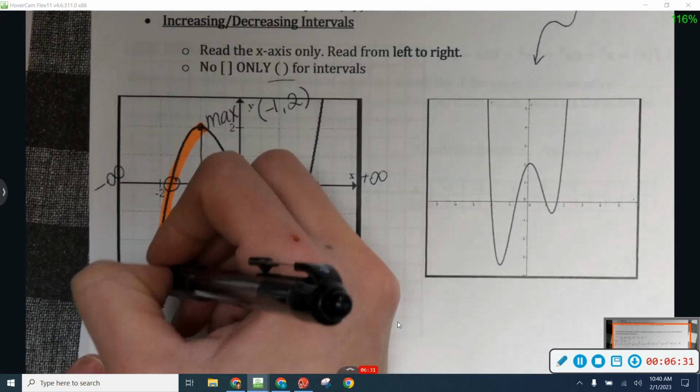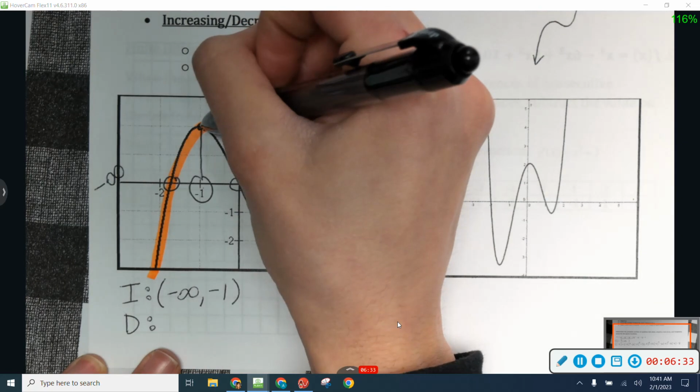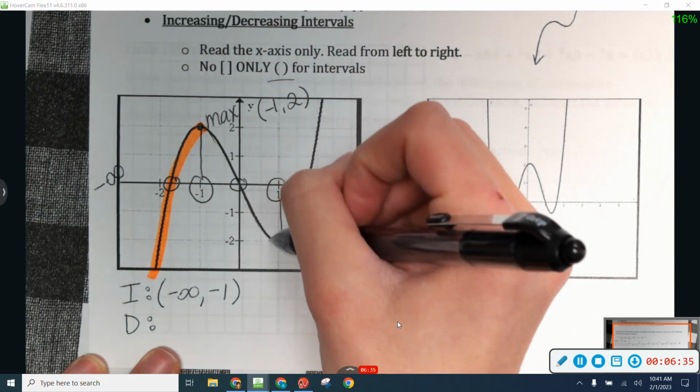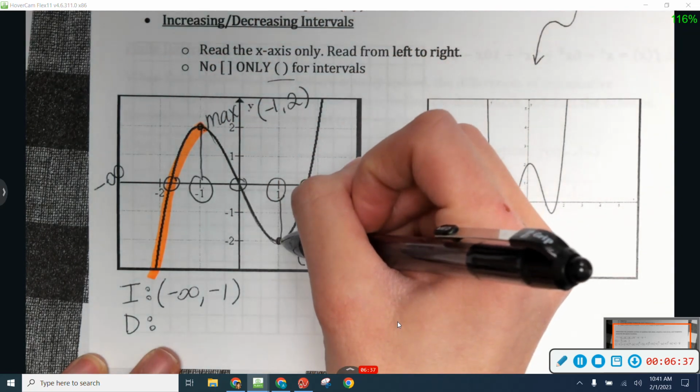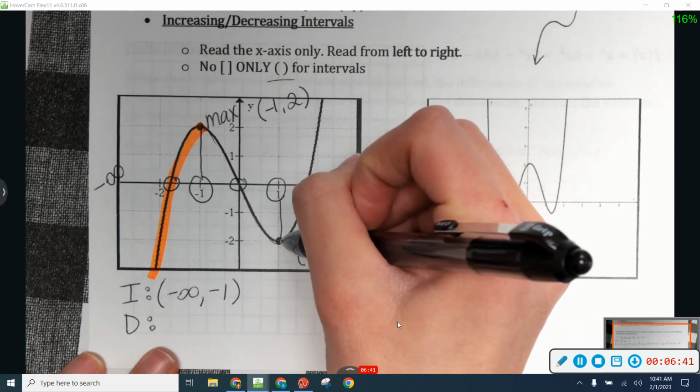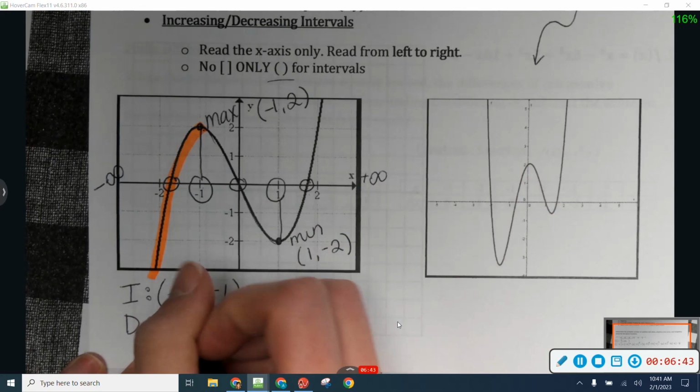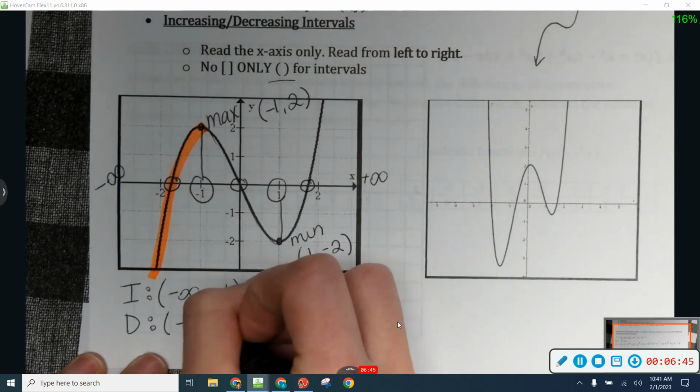So I'm increasing there, and then I start to decrease from -1 all the way down to my minimum. I don't go any lower than that because that's what a minimum is. So my decreasing interval would be from -1 to 1.